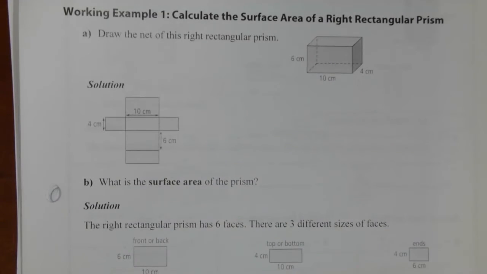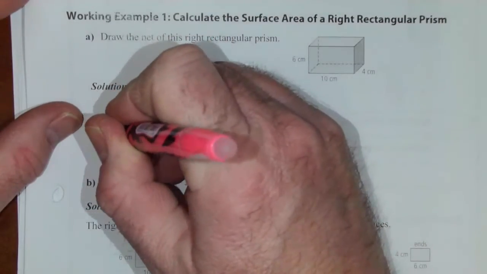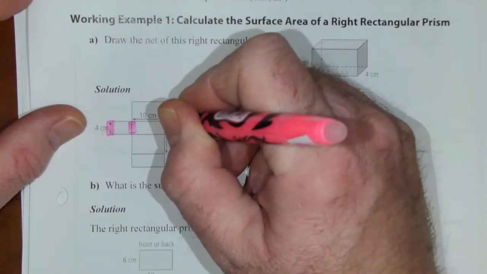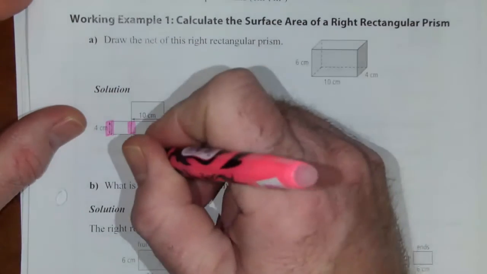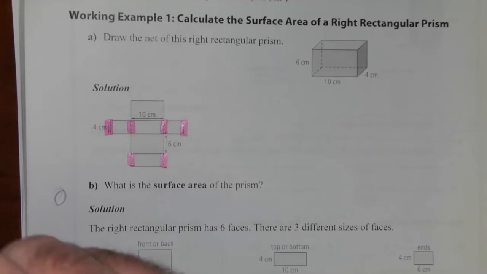Now, in actual fact, we've got lots of lines here that are not labeled, and it probably will help to see where all of these different markings belong. So all of those pink lines that I just drew, those are all 4 centimeters long.